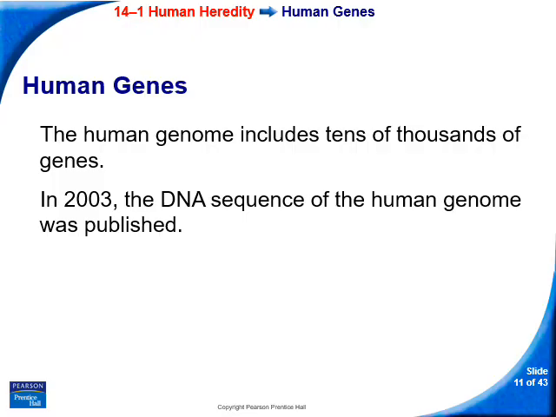So, how can 35,000 genes account for more than 35,000 traits? Well, it's actually the interaction of genes. When one gene or two genes interact, they form a specific trait.